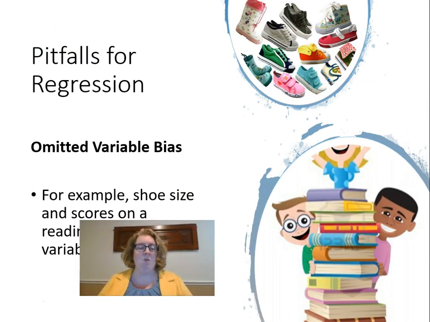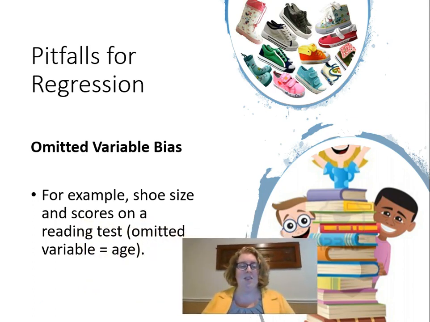Another example would be omitted variable bias. In this example, I put in things that aren't theoretically related. For example, in a school, I might say, I found a huge relationship between the student's shoe size and their reading level in this elementary school. Does that mean that kids with bigger feet can read better? Does that even make sense? No, of course not.